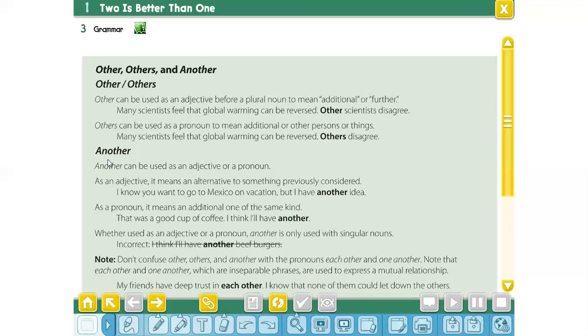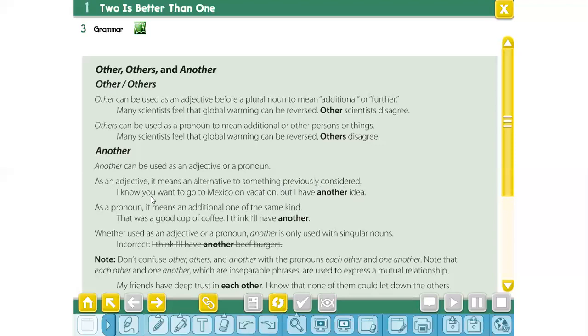Then we are going to move to another. Another can be used as an adjective or a pronoun. So here, there is a difference between an adjective and a pronoun. But here, another is used as an adjective and a pronoun at the same time without any change. So here, as an adjective, it means an alternative to something previously considered.